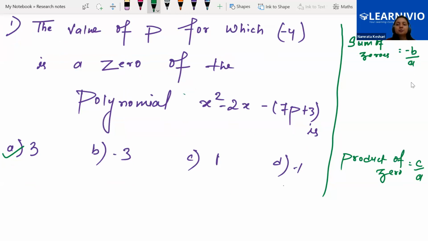First let me know what is A, what is B, what is C in this quadratic polynomial.